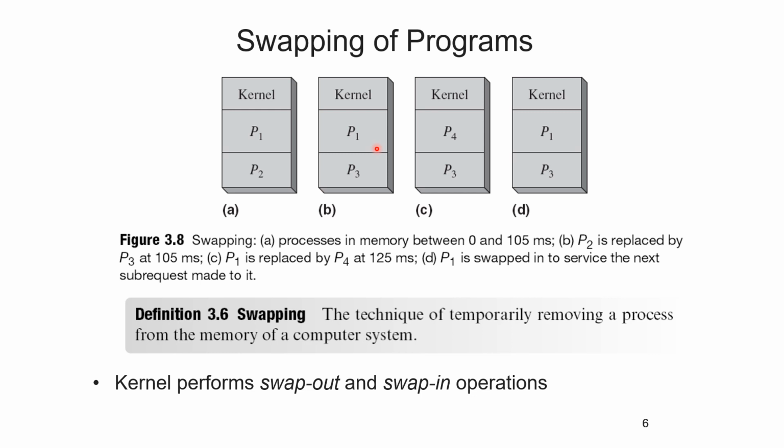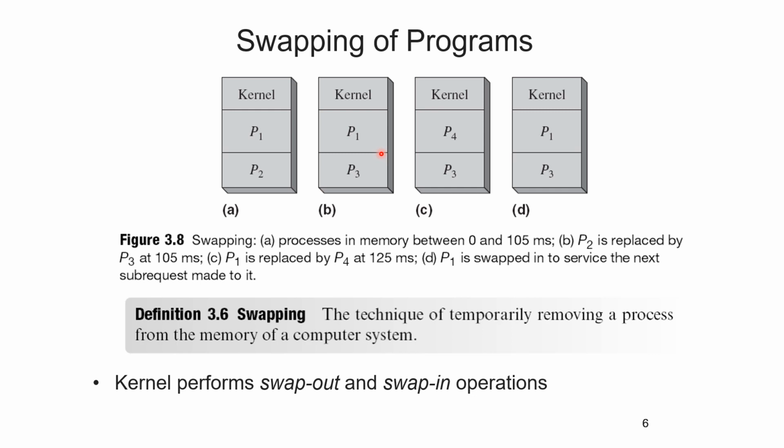Okay, some of the programs are temporarily removed from the memory, and that particular program is stored into the temporary storage. In that free space, whichever program is required is stored into that particular memory, that is called swap in and swap out operation. Swap in is nothing but loading the program into the memory, and swap out is nothing but removing the program from the memory.